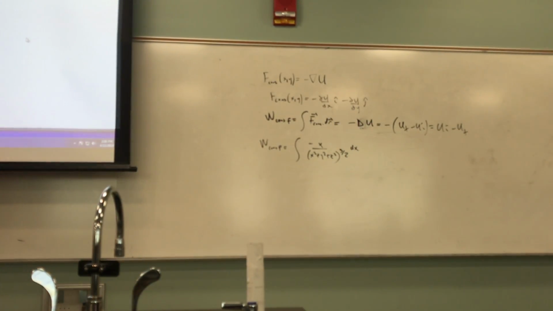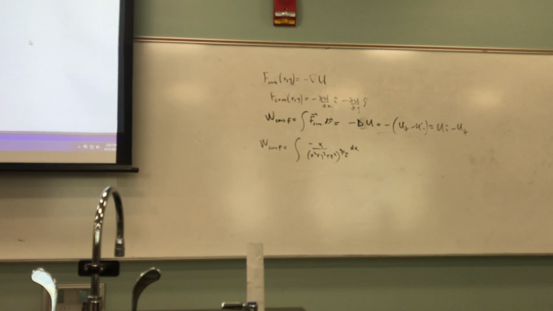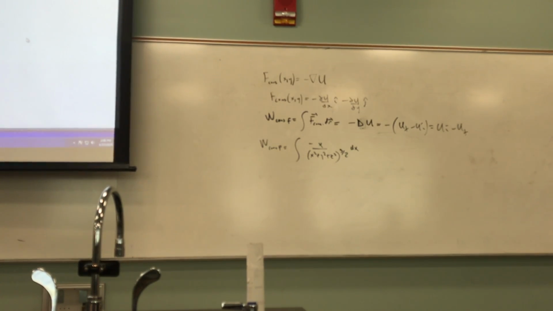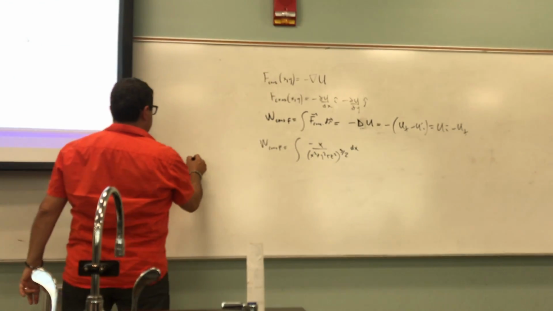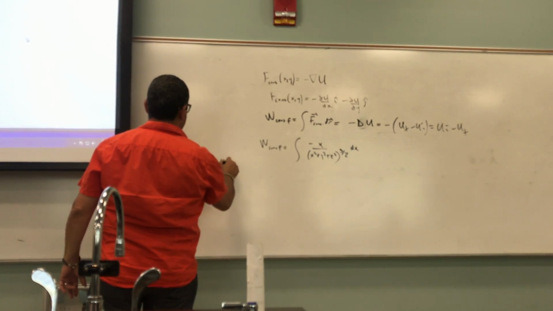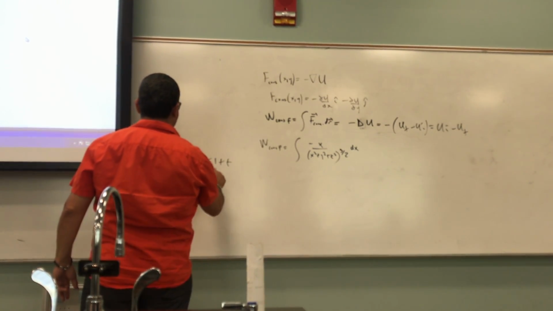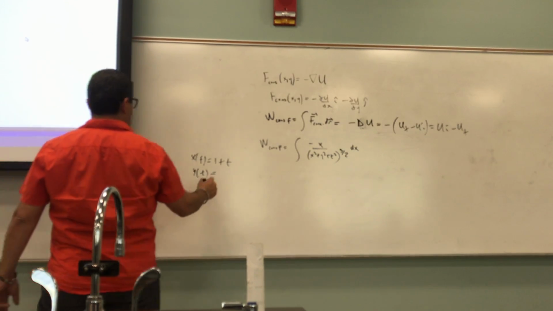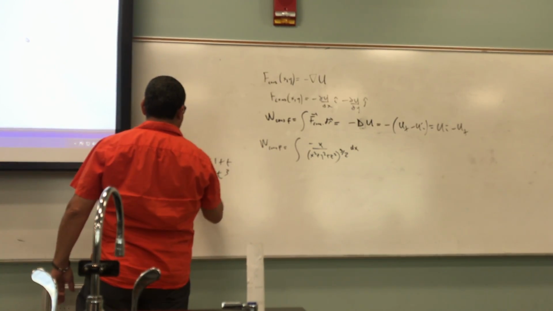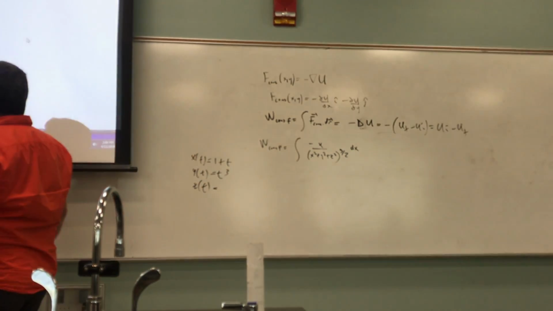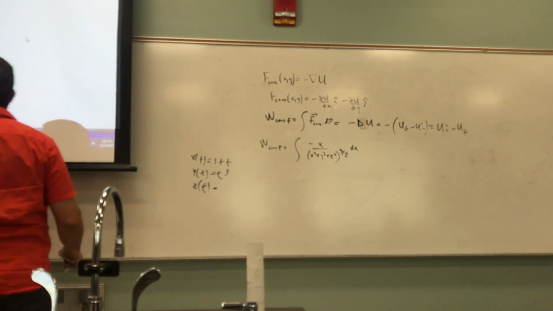If t ranges from 0 to 1, then what is the range of the x? This is the x of t. x of t is 1 plus t. y of t is t cubed. z of t is going to be t cosine pi t.